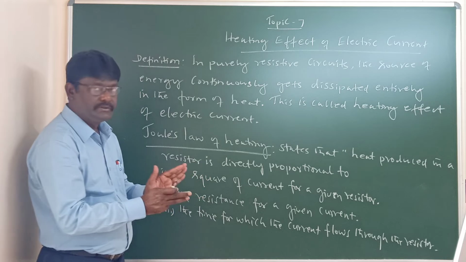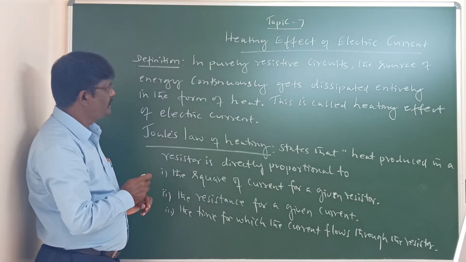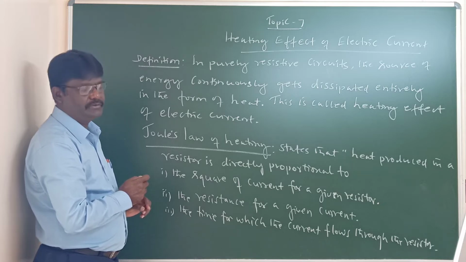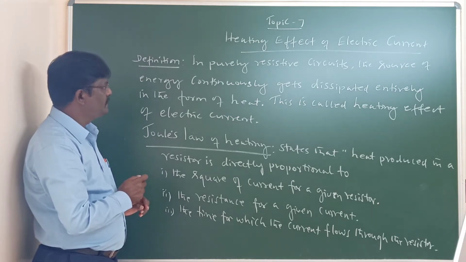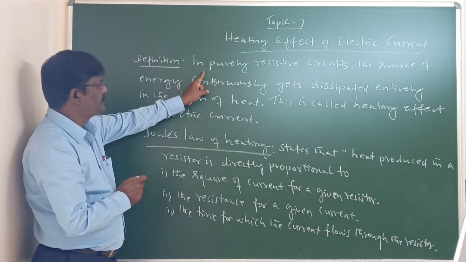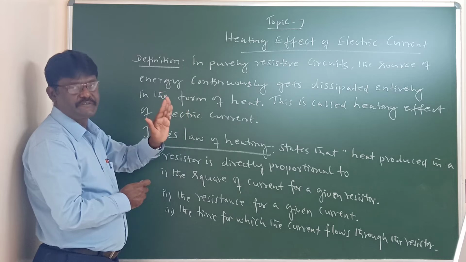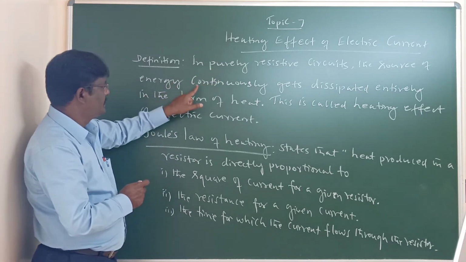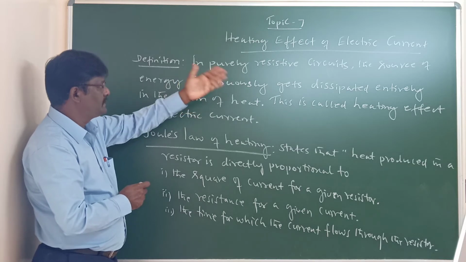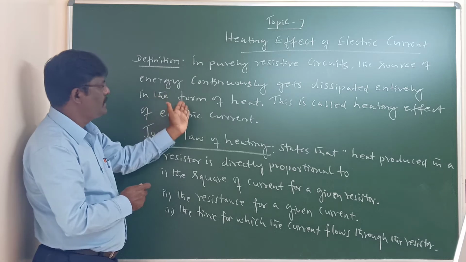Now, therefore, that is the main aspect of the concept of this one. What is that? Heating effect of electric current. That heading itself clearly tells us what it is. In purely resistive circuits, any circuit, for example, an electric stove and so on, the source of energy continuously gets dissipated entirely in the form of heat.